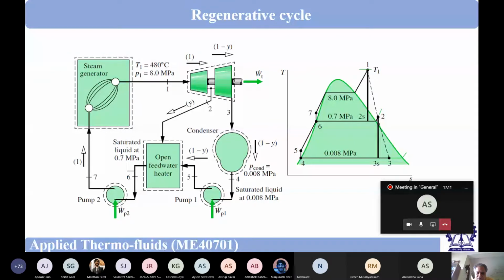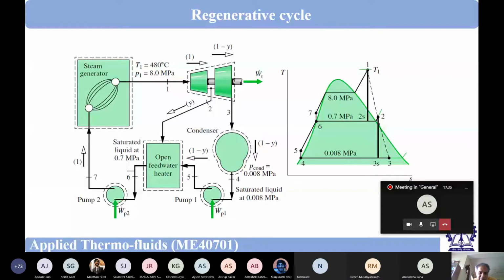But now let us proceed with the basic cycle where we have shown only one feed water heater. Up to this, has anybody got any question? Let us discuss that. Otherwise, let me proceed. If not, let me proceed. Okay.